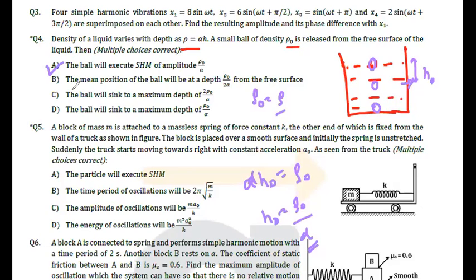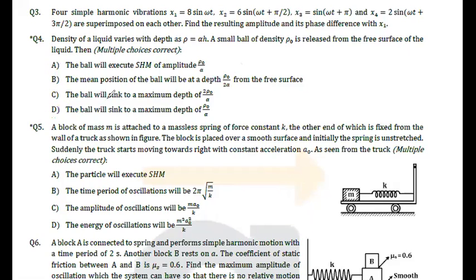Now, if A is correct, D is wrong, yes or no? And B is wrong. Clear? Because the mean position is this only.